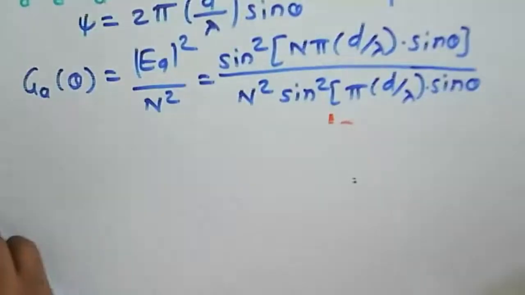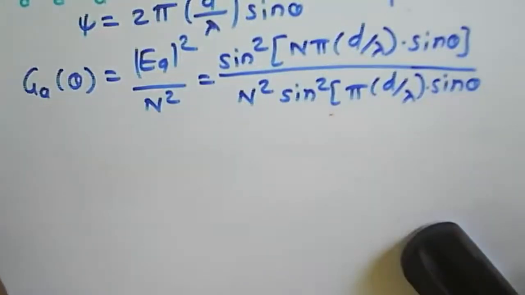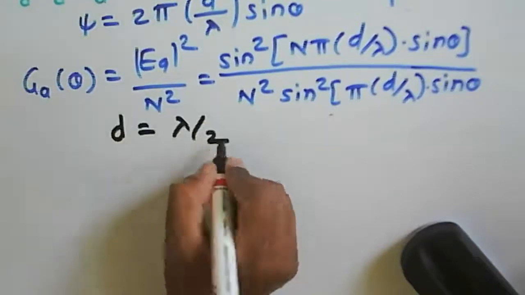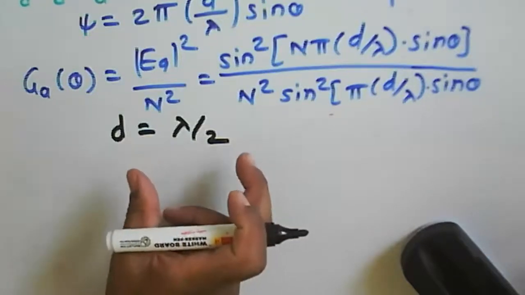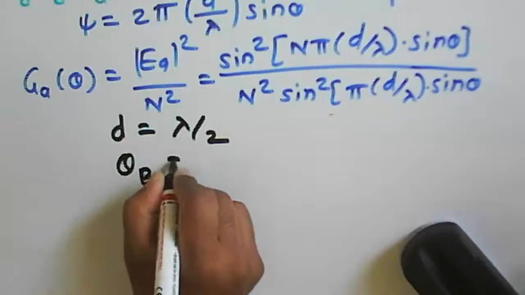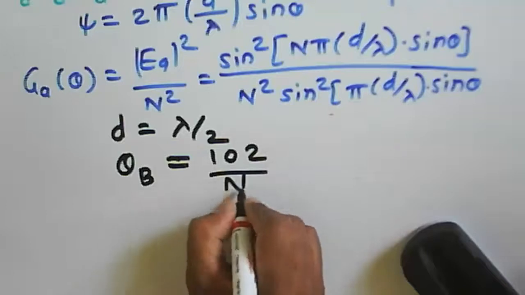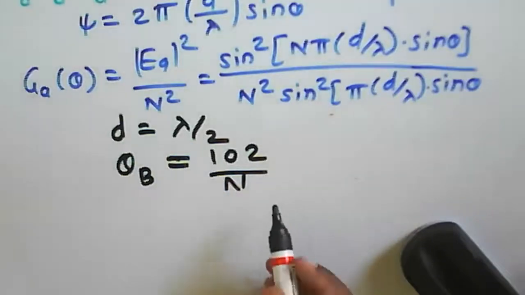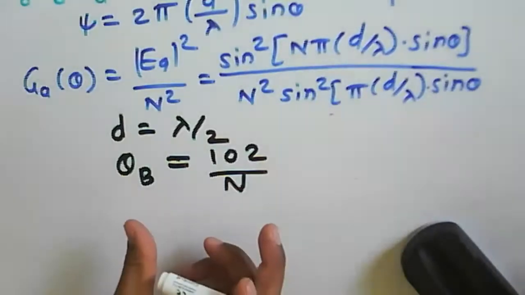So generally we can write that if the spacing between the antenna elements is lambda by 2, that is d is equal to lambda by 2, then from this we can find the beam width theta_B for the antenna is equal to 102 by N here. This is the value we are getting for the particular spacing of the element.